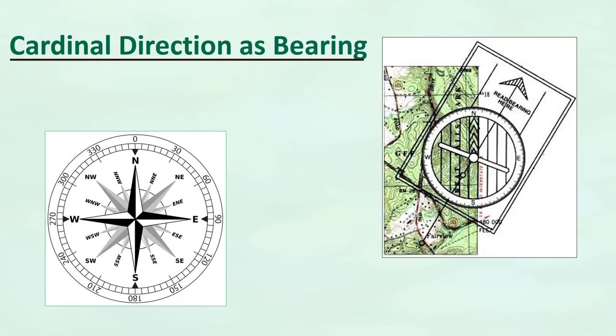So far we have discussed the conventional signs and symbols related to cultural features. Hereafter we will be discussing direction, cardinal direction. How can we use cardinal direction as bearings?